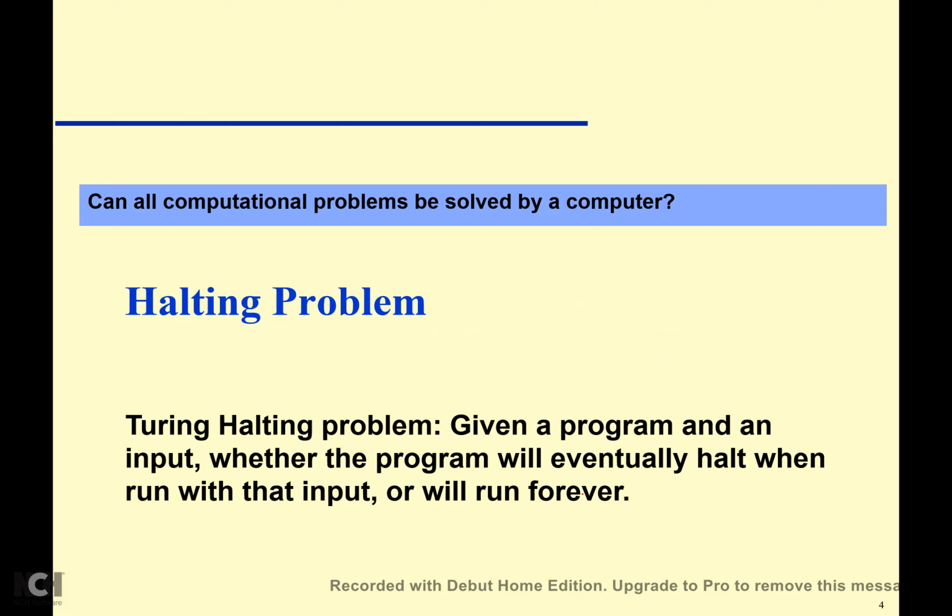This corresponds to the long-rooted question: can all computer problems be solved by a computer? There are computational problems that cannot be solved by an algorithm even with unlimited time. Alan Turing proved that a general algorithm to solve the halting problem for all possible program-input pairs cannot exist. A key part of the proof is that the Turing machine was used as a mathematical definition of a computer and a program.